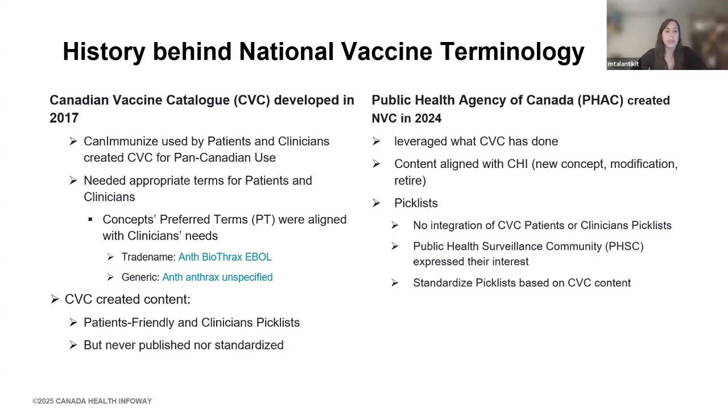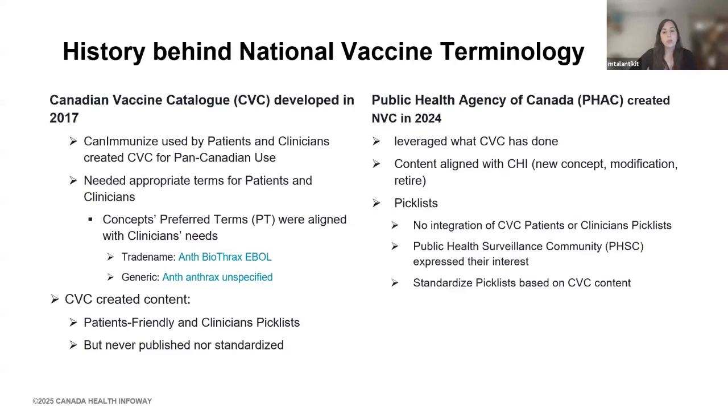So when the Canadian Vaccine Catalog was created, they found the need to have appropriate terms for patient and clinician. So they decided to create content for patient and clinician pick lists, but those pick lists were never published nor standardized. In 2024, the Public Health Agency of Canada, PHAC, created the National Vaccine Catalog.